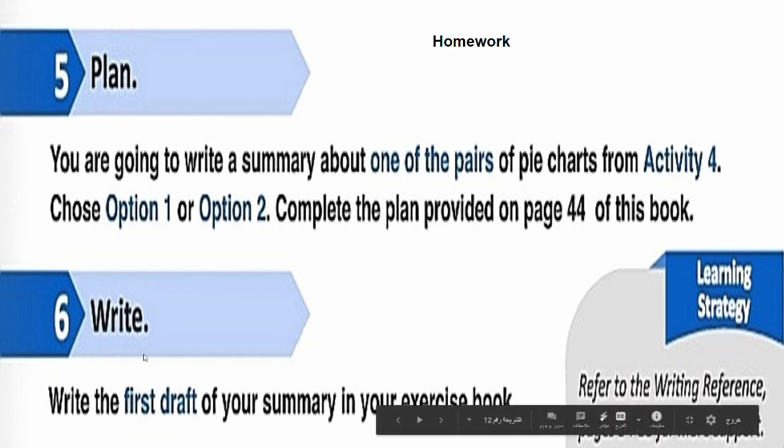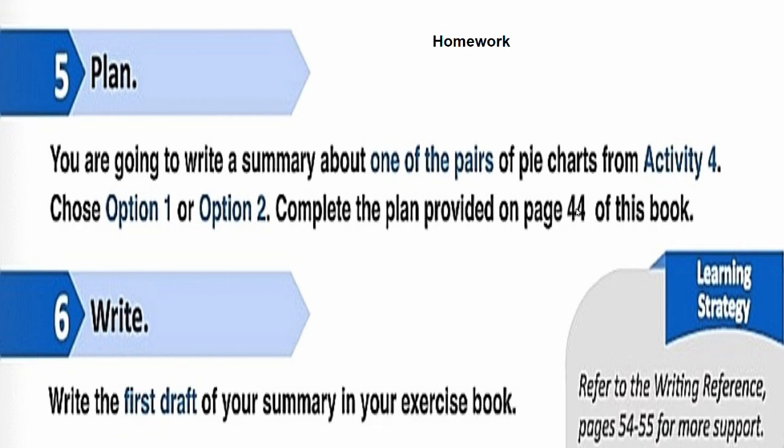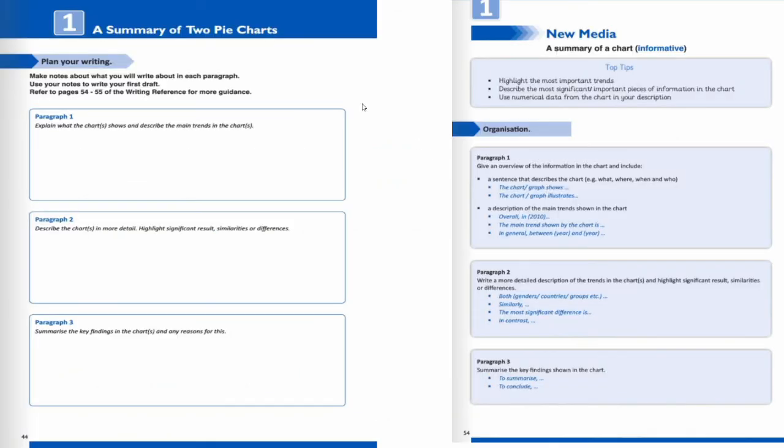So, you are going to write the first draft of your summary in your exercise book. Concerning the learning strategy, refer to the writing reference pages 54 and 55 for more support. Here, a summary of two pie charts. This is how to plan your writing.